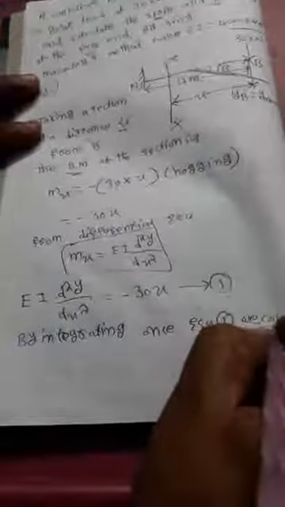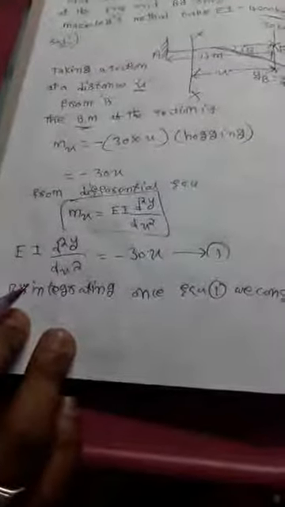So let's do that. By integrating equation number 1 once, we get a constant of integration C1.